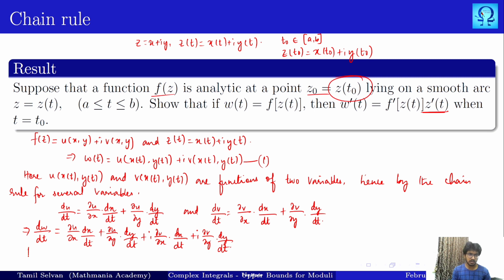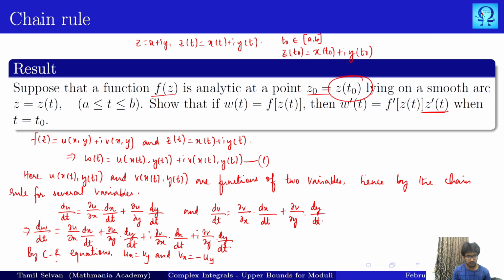Okay, by the CR equations, what can we write? Ux is equal to Vy and Vx is equal to minus Uy.